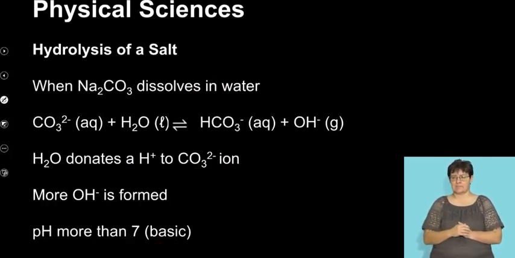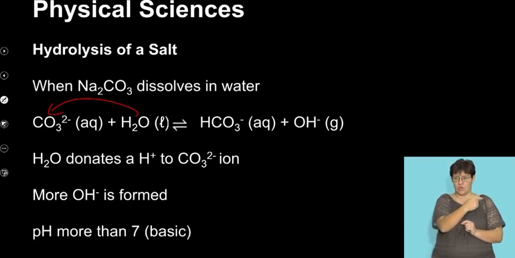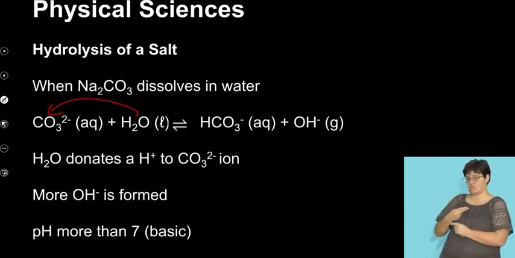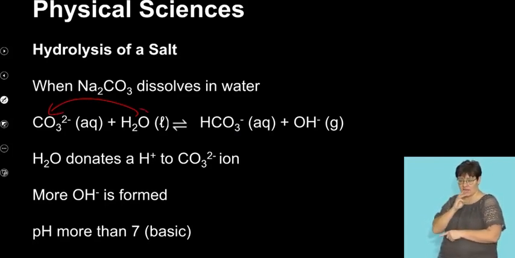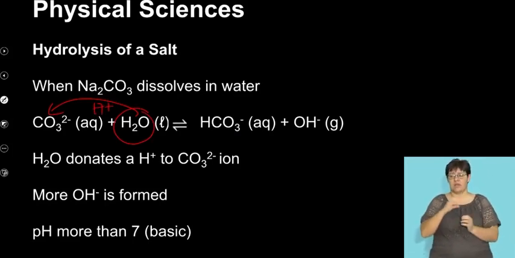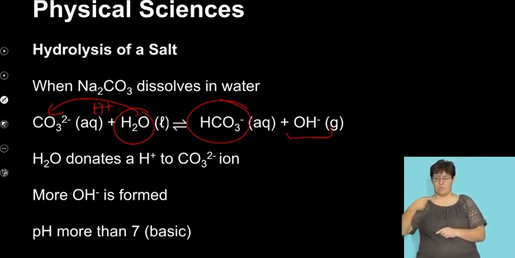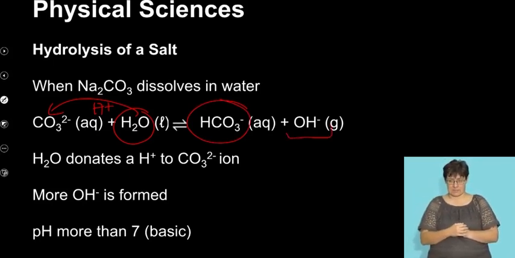When sodium carbonate dissolves in water, here's the carbonate ion. The carbonate ion will then receive a hydrogen ion, or we can say the water donates the proton, and we have hydrogen carbonate ion, and we have hydroxide ion that is formed there.